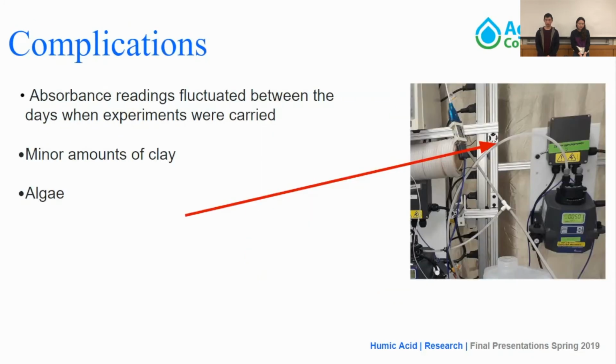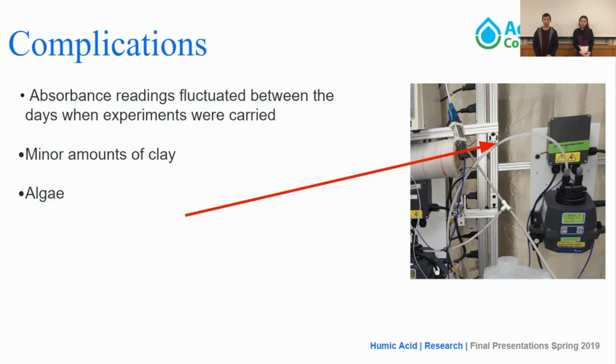And some of the complications that we ran into during our testing was that, first, when we ran our experiments, through the recycle system, we first ran just distilled water through the system, and we noticed that on certain days the absorbance of the distilled water would be much higher than other days.